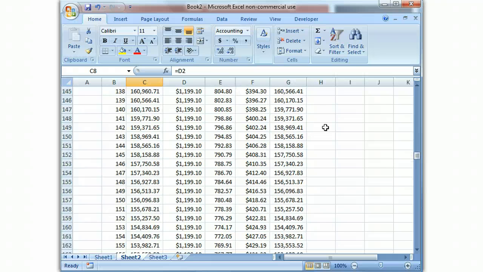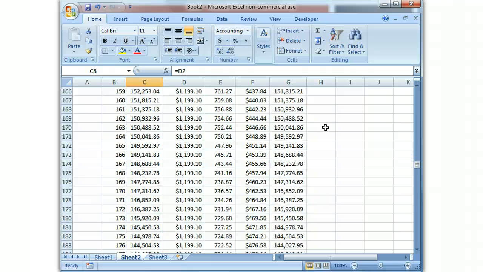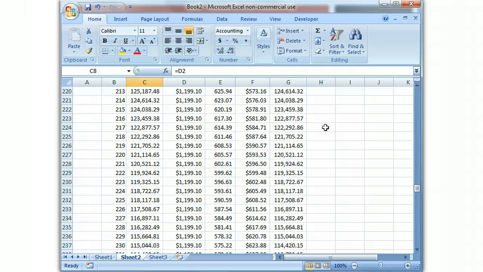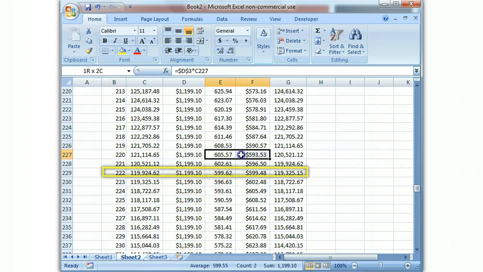And this process keeps going on until you reach, let's see, month 220, in which pretty much things start to change.